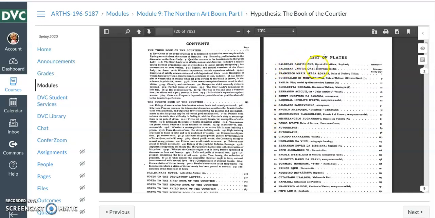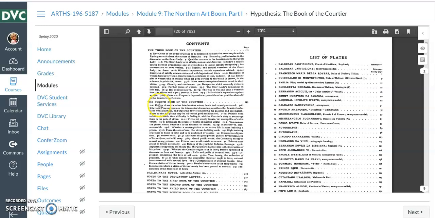Castiglione is himself a courtier at the court of the Duke of Montefeltro, the Duke of Urbino, Guidobaldo de Montefeltro, and we will actually be discussing the Duke of Montefeltro when we look at the Italian Renaissance. And there's all sorts of 16th century mucky mucks who are here. Mucky muck is not the official term. Nobles, aristocrats, counts, they've all gathered and they're discussing what makes for the perfect courtier.